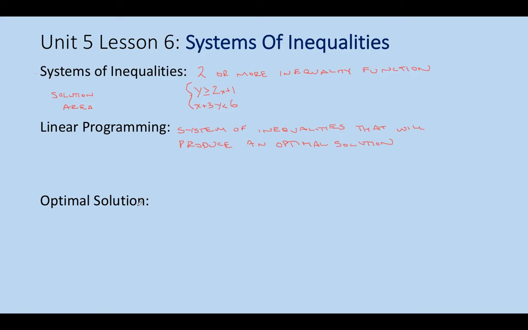In a linear programming question, the solution must be a vertex of the area where you're graphing. Okay, so you'll see exactly what this looks like here in a minute, but an optimal solution must be one of the vertices of the area of possible solutions.